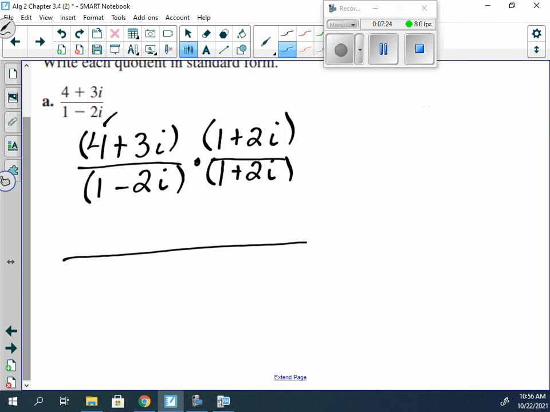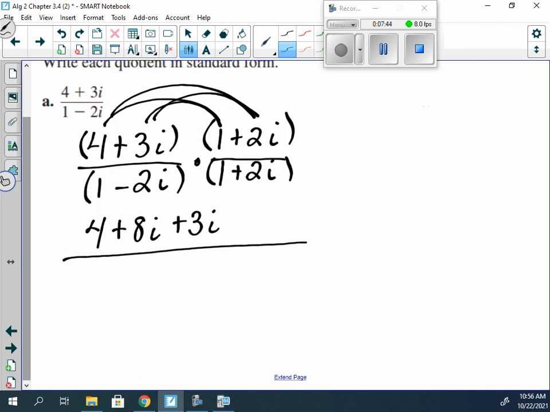So on top we'll have to do the distributive property. We'll do 4 times 1, which is 4. 4 times 2i is plus 8i. 3i times 1 is plus 3i. And 3i times 2i is plus 6i squared.